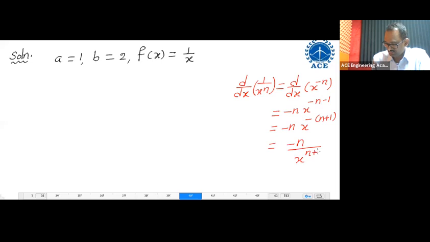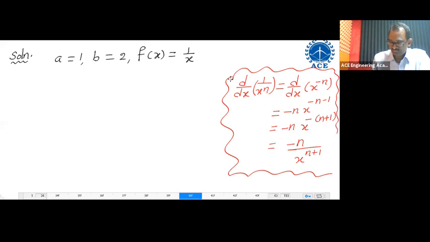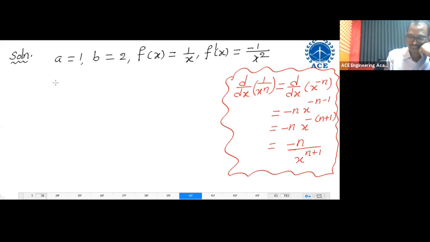Here f dash x: 1 by x power 1, n value 1, derivative minus 1 by x power 1 plus 1, x square. 1 by x power 2, n value 2, derivative minus 2 by x power 2 plus 1, minus 2 by x cube.